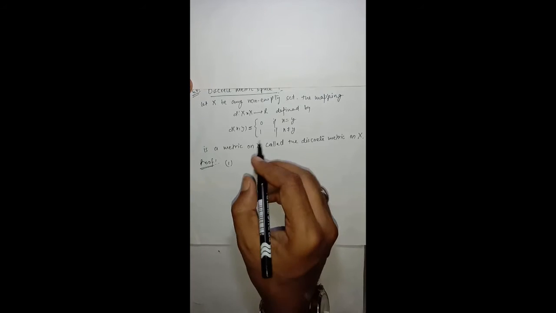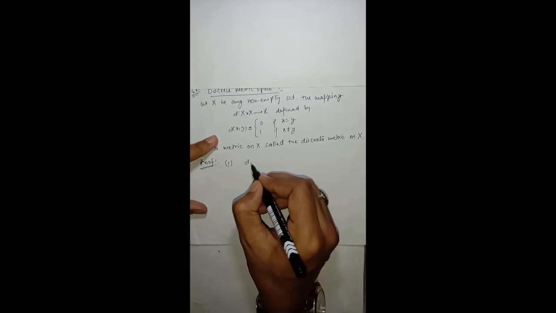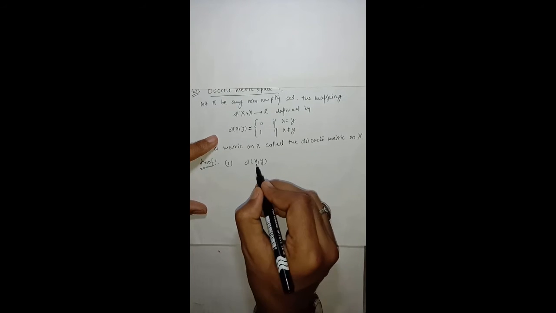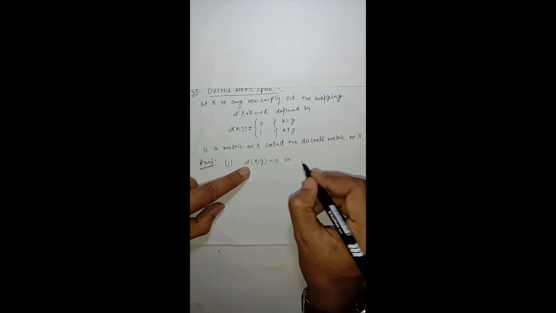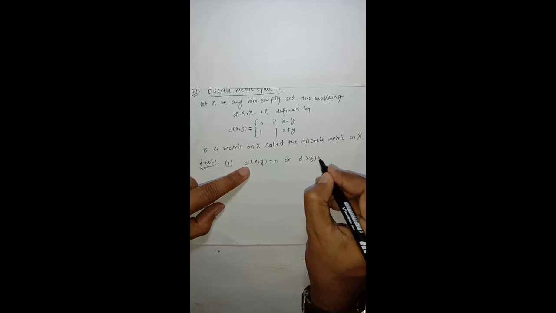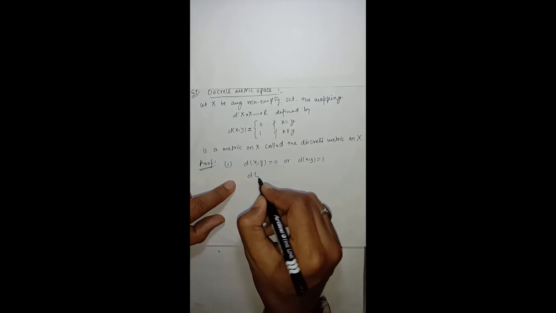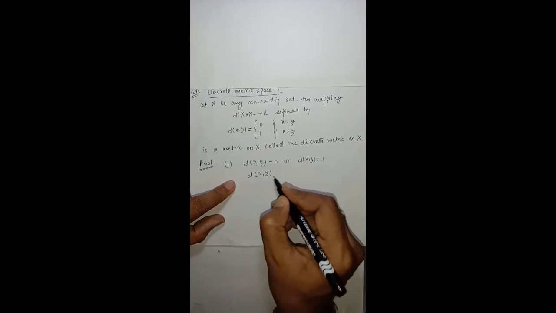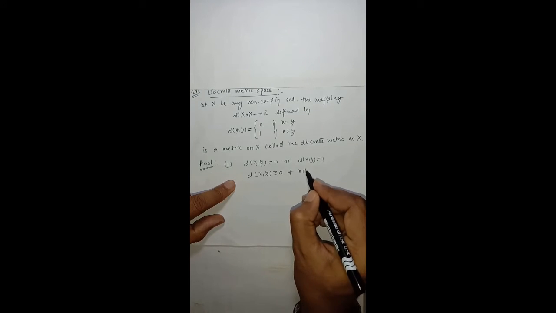Now the first one, by the definition of the mapping, we have either the distance between x and y is 0 or 1. In both cases, we can see that the distance between x and y is always greater than or equal to 0 for all x and y belongs to X. So the first property holds.